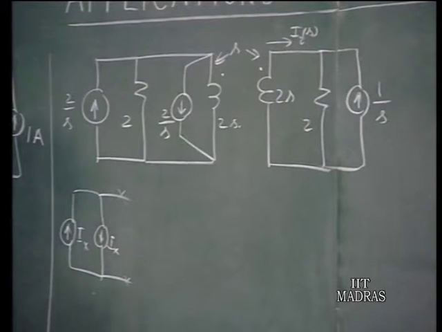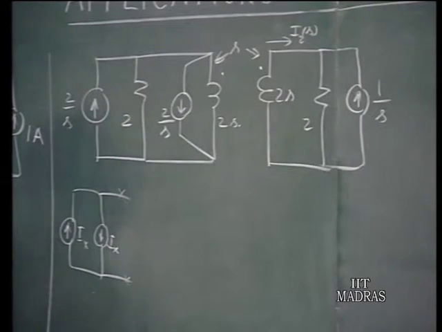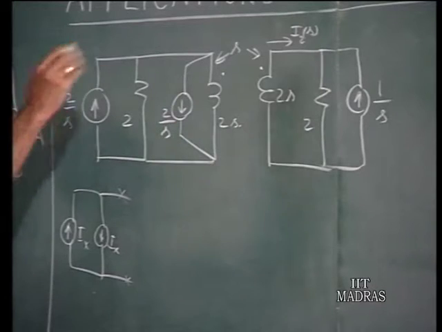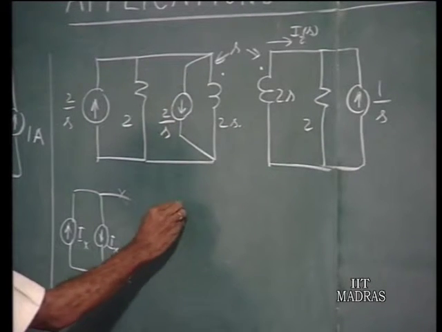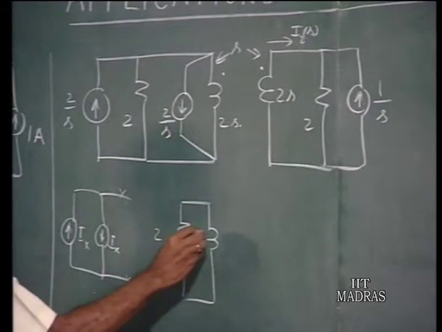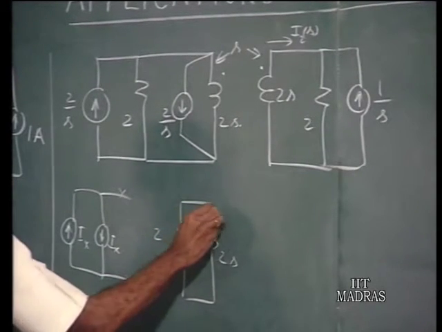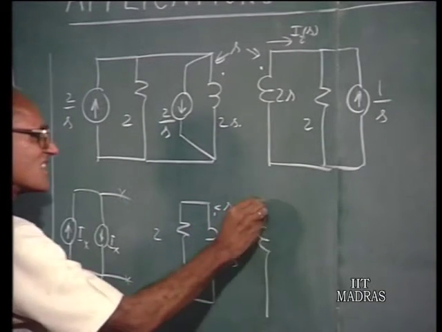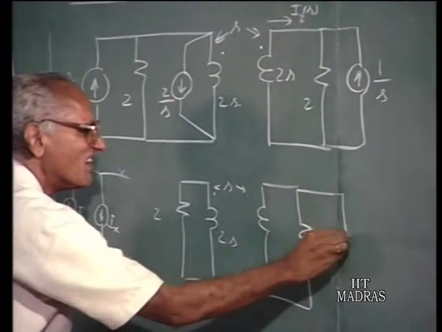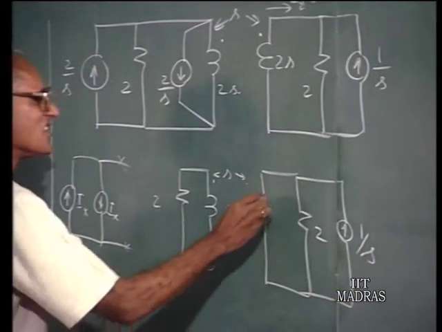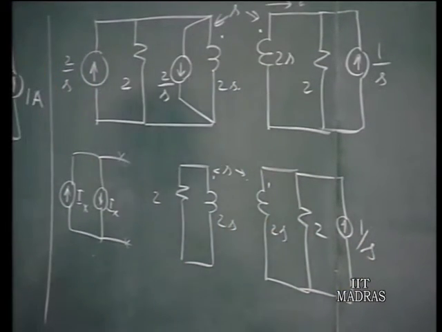So, using this principle, this current source and this current source are parallel to each other, equal and oppositely directed. So, their effect on the rest of the circuit is 0. Therefore, I can write this simply as 2, this is 2S, and a coupling of S between these two, and you have 2 ohms, and you have 1 by S as the current source, this is 2, this is 2S. So, that is what we are having.